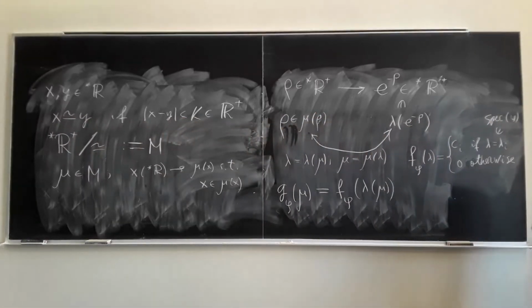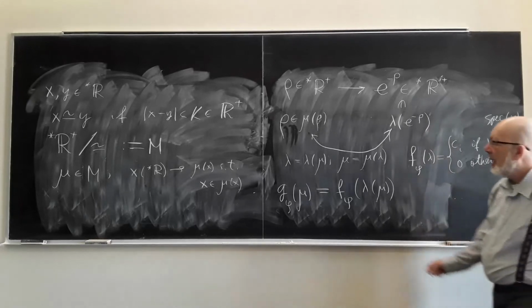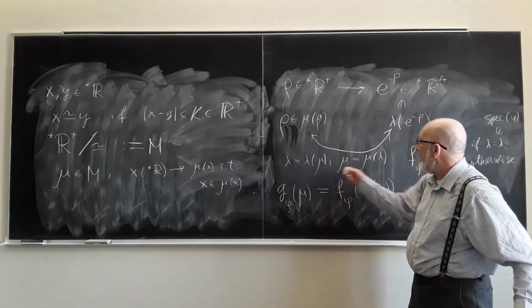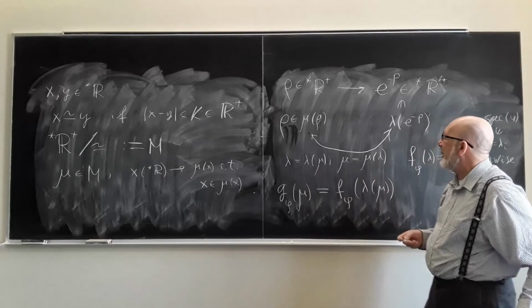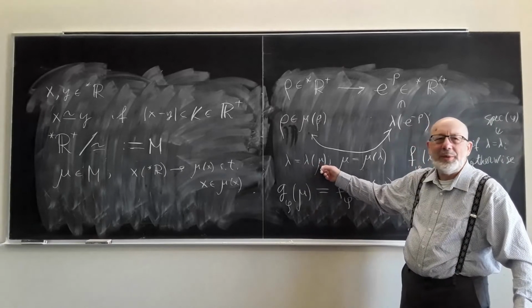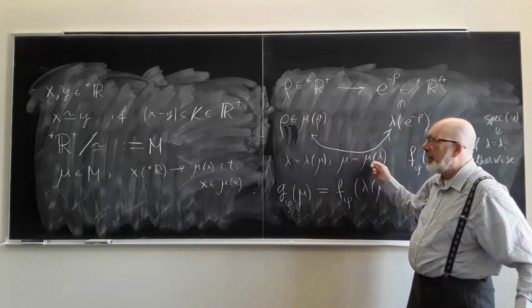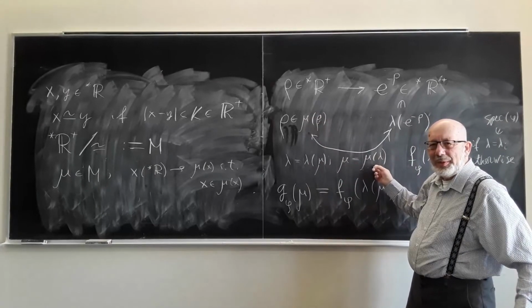Yes, so we have here some inherent exponent. So here it is, this exponent. Now, this correspondence is the following. When lambda grows, then mu decreases.